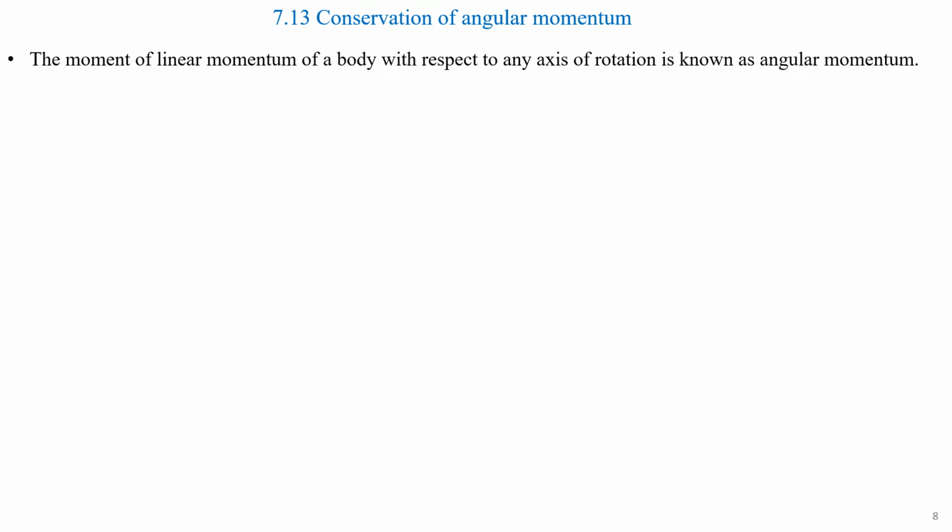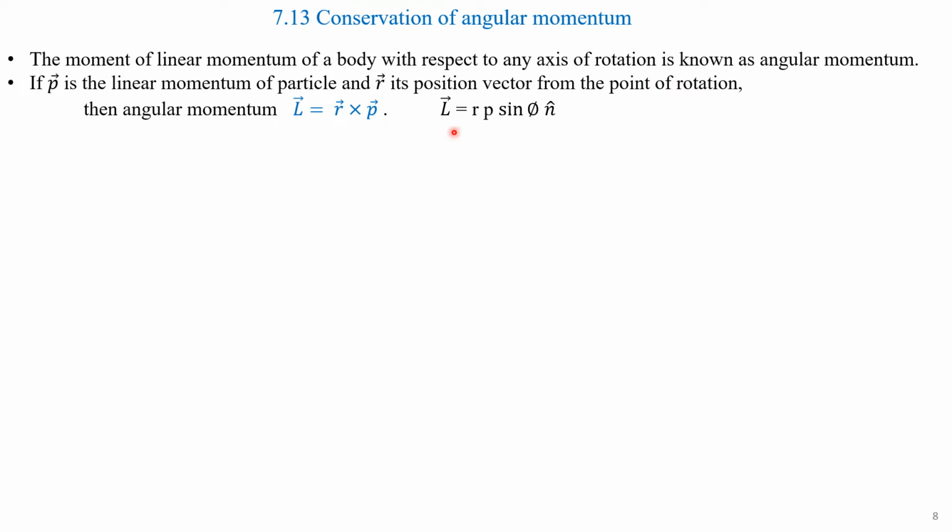The linear momentum of a body with respect to any axis of rotation is known as the angular momentum. This is by definition. Therefore, if vector p is the linear momentum of the particle and vector r is its position vector from the point of rotation, then angular momentum, represented by symbol vector L, equals vector r cross vector p. That is the cross product or vector product of position vector and momentum.